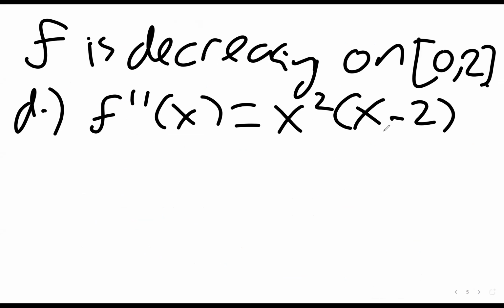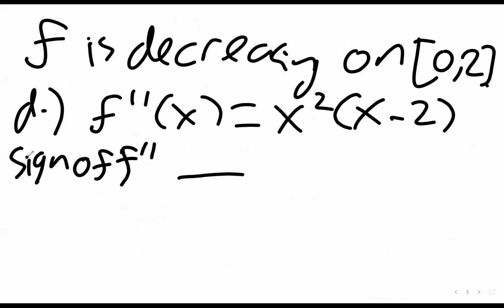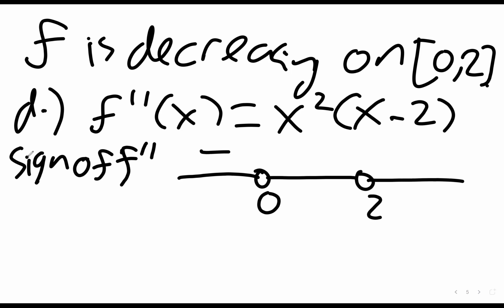So in this case, we once again check the sign of f double prime. The sign of f double prime here changes at 0 and 2, but be careful, we have x squared there. So if x is less than 0, x squared multiplied by x minus 2 is negative.